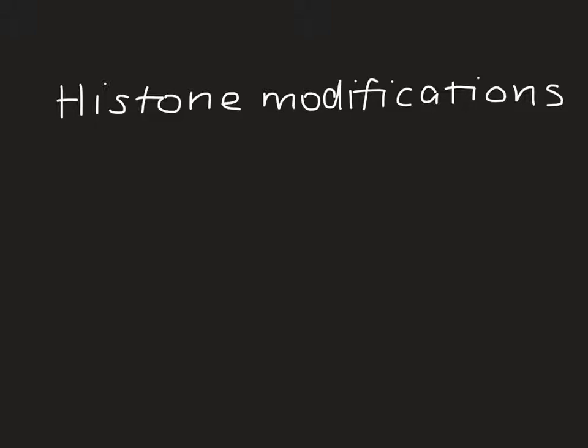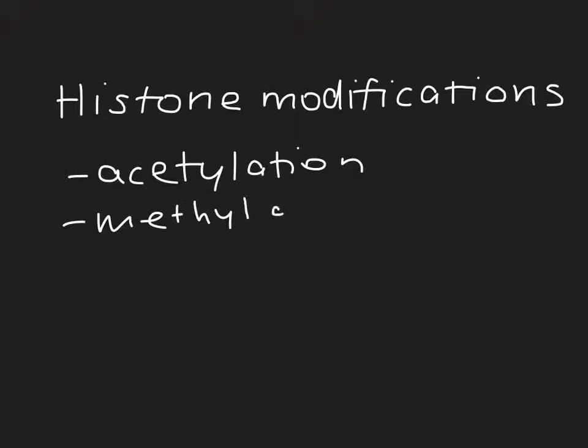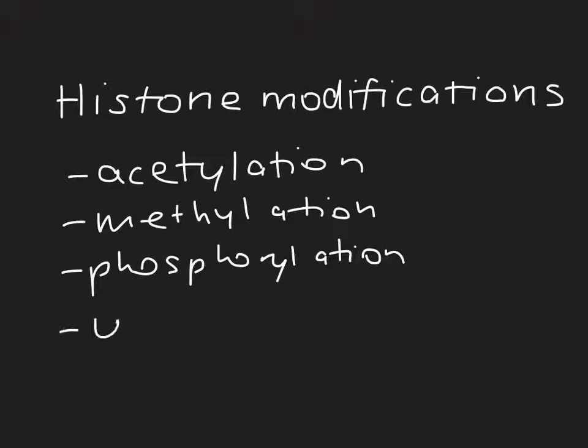Today I will be talking about another important epigenetic mechanism, histone modifications. This is not just one mechanism, but a group of mechanisms that target histone proteins, which include acetylation, which is the addition of an acetyl group, methylation, which is the addition of a methyl group, phosphorylation, which is the addition of a phosphate group, ubiquitination, which is the addition of a ubiquitin protein.